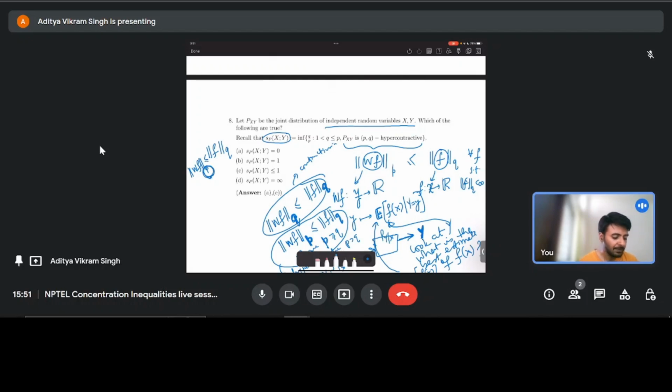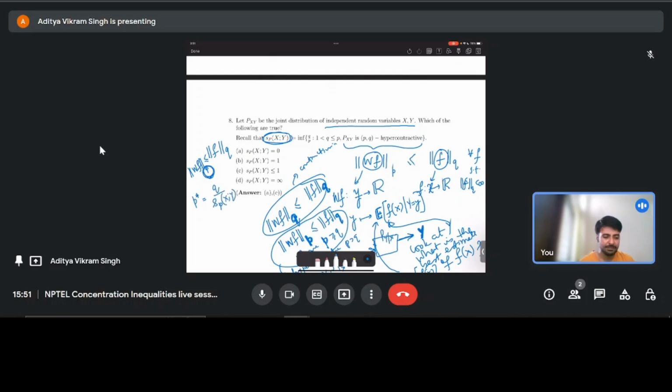As p grows bigger than q, the contractivity becomes stronger, as we discussed. So we want the best possible p, and this is given by this factor s_p. Let's say the best possible p is p star. That would be q by s_p.